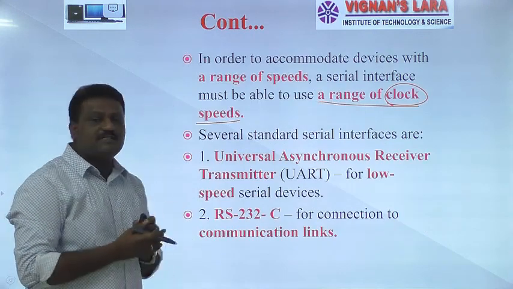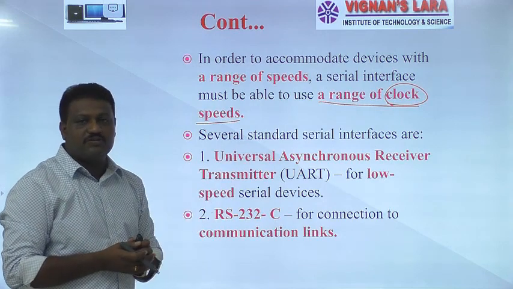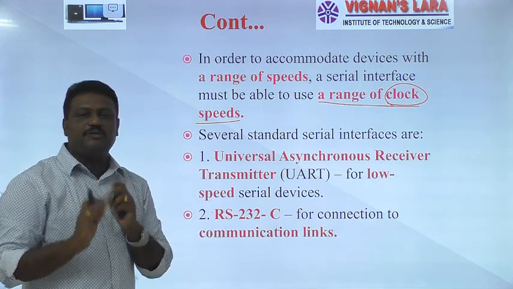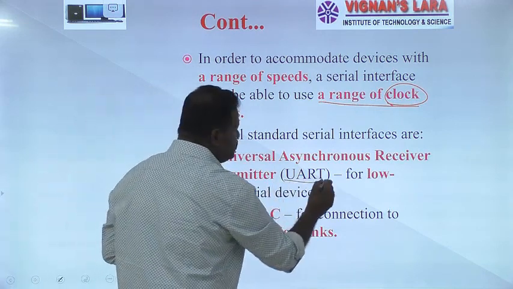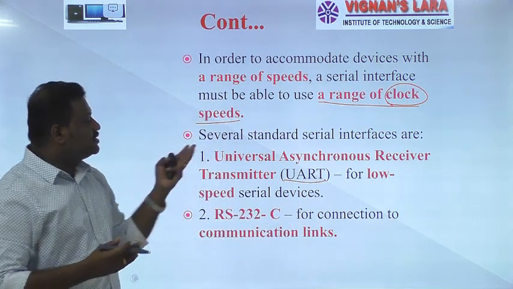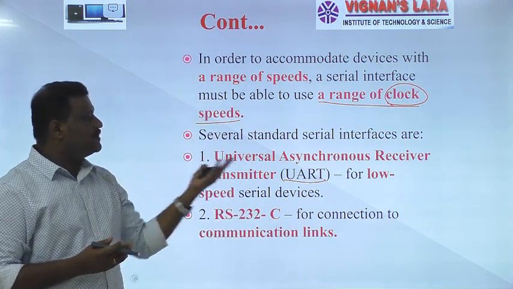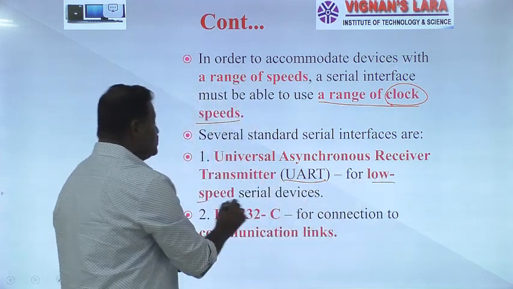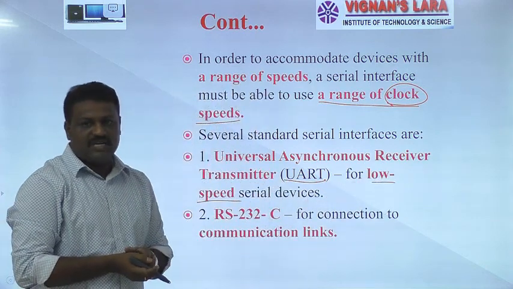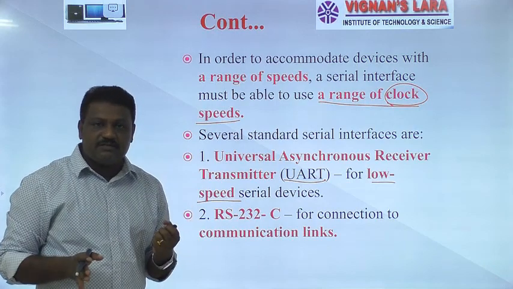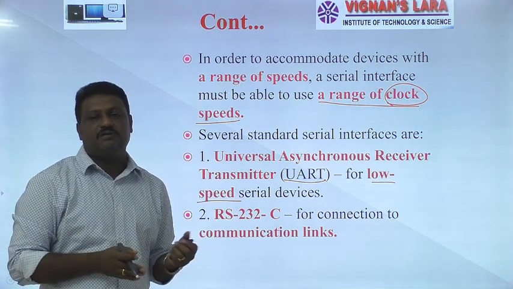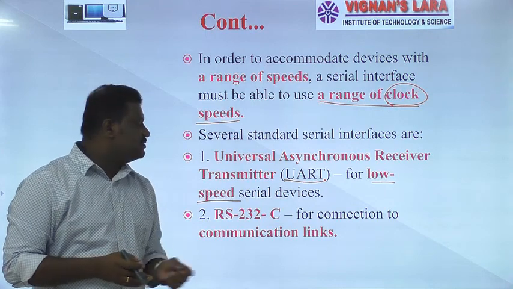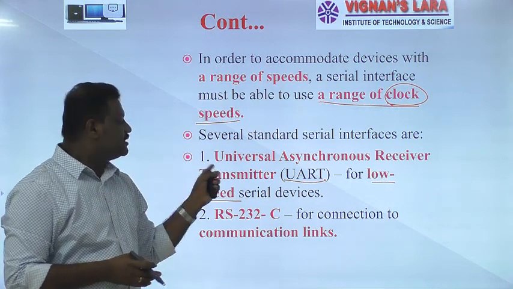And next we have several standard serial interface circuits. In that, we are talking about only 2. One is UART, meaning universal asynchronous receiver and transmitter. It is preferably for low speed serial devices. If I want to connect devices which operate at lower speeds to our computer system bus, then we use an interface circuit, that is UART.